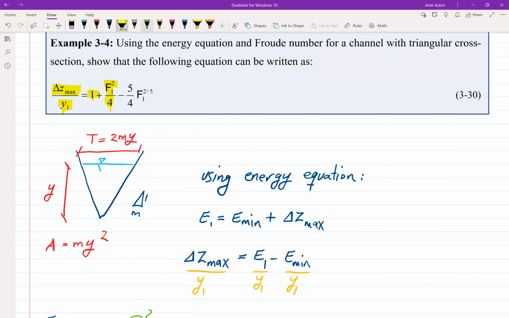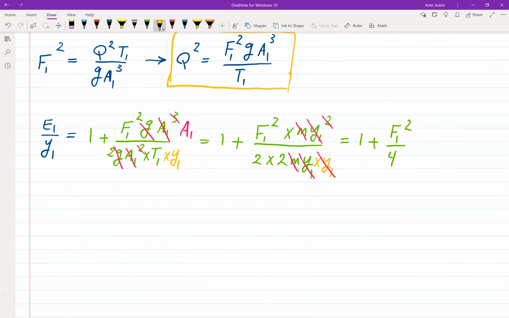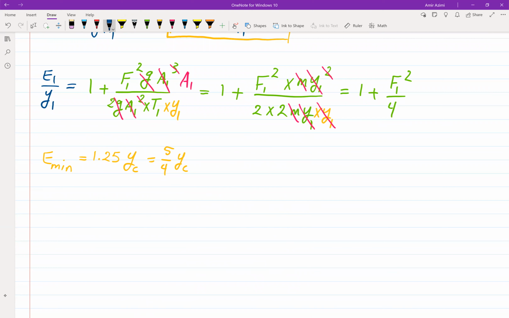Now, the second term here is what we need to develop. So from previous example 3-3, we find out that E minimum is equal to 1.25 of YC, which is 5/4 YC. Okay, so here what we have is minus E minimum divided by Y1, which is equal to minus 5/4 YC divided by Y1.